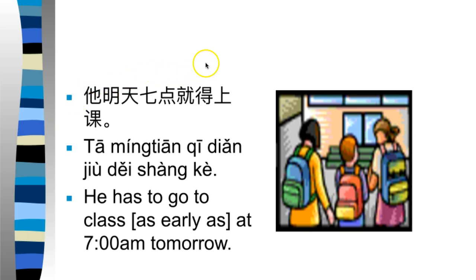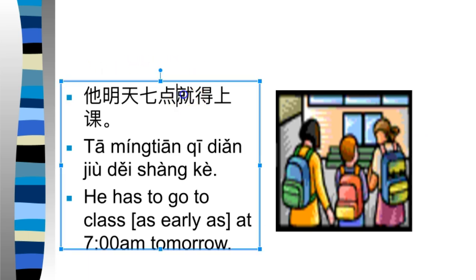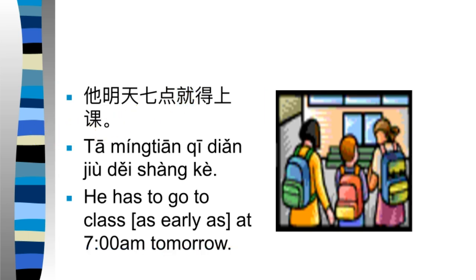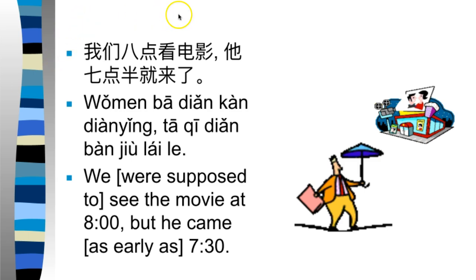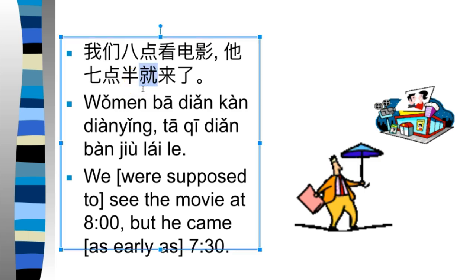他明天7点就得上课. He has to go to class as early as 7 tomorrow. 我们8点看电影，他7点半就来了. So we're going to see the movie at 8, but at 7:30 he had already come, right? 他7点半就来了.